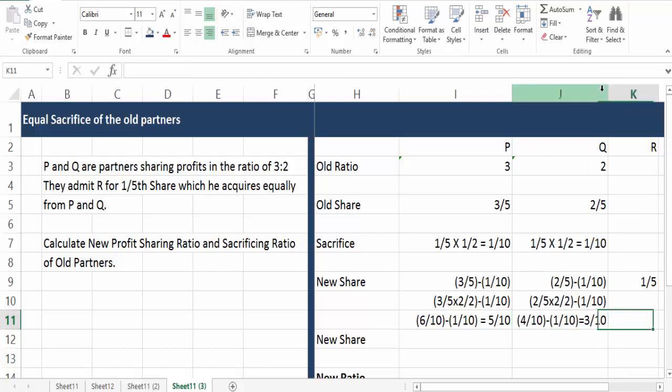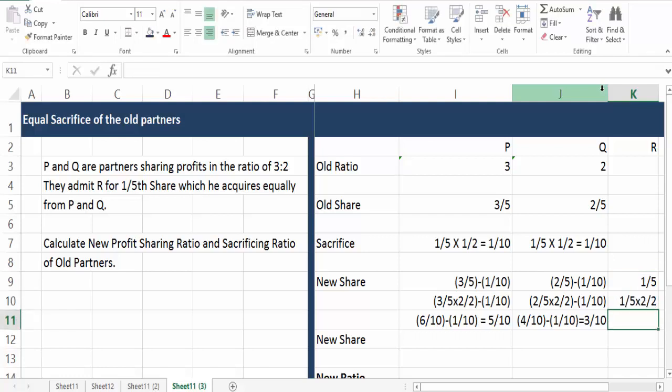Then what about R? R we have as 1/5, but we can't keep it as 1/5 because the denominator of the other two is 10. So I should convert the denominator into 10, so I'll multiply by 2 divided by 2.